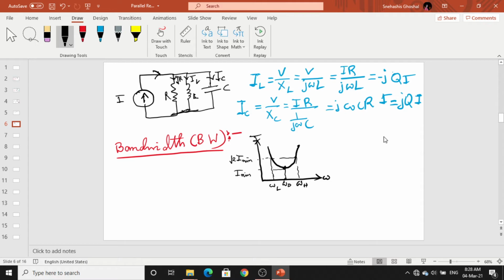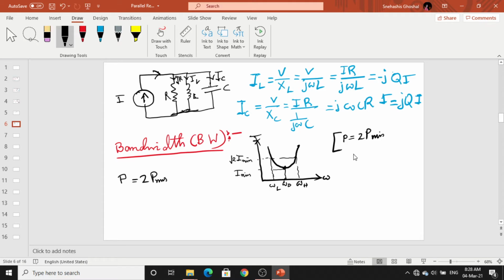Here power will be double. So P at these points will be double the minimum power. These are the double power points, root 2 into minimum. In a similar concept to series resonance, we can say that P equals 2 of P min.